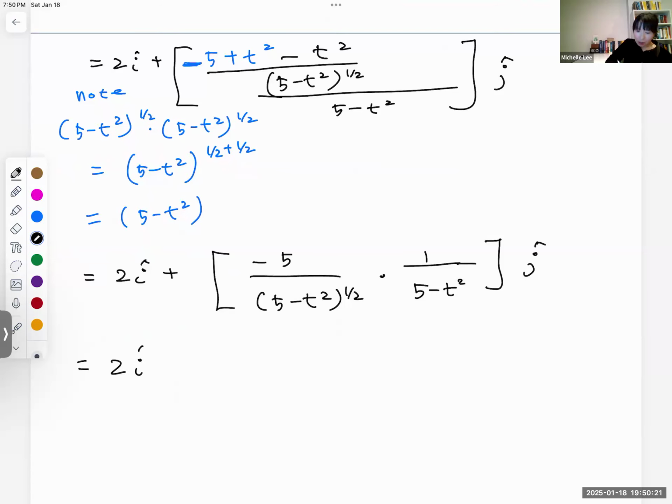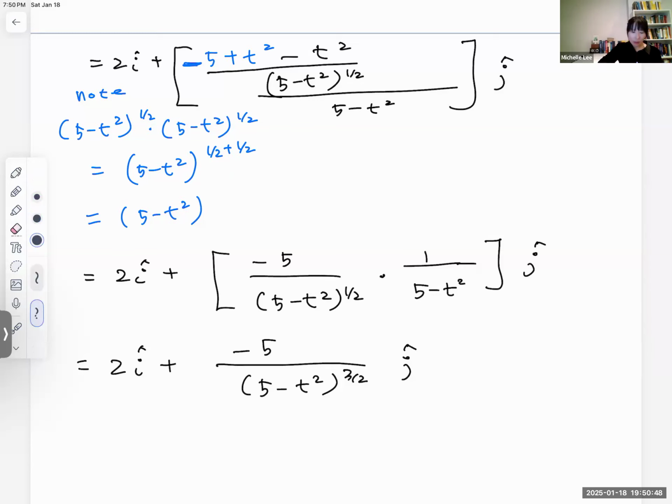So 2i hat plus, it's multiplication, so we have -5, right? And then 1/2 times 2 over 2, so 3 over 2, right? So that will be 5 minus t squared, 3 over 2 j hat. Or we can write down -5 here.